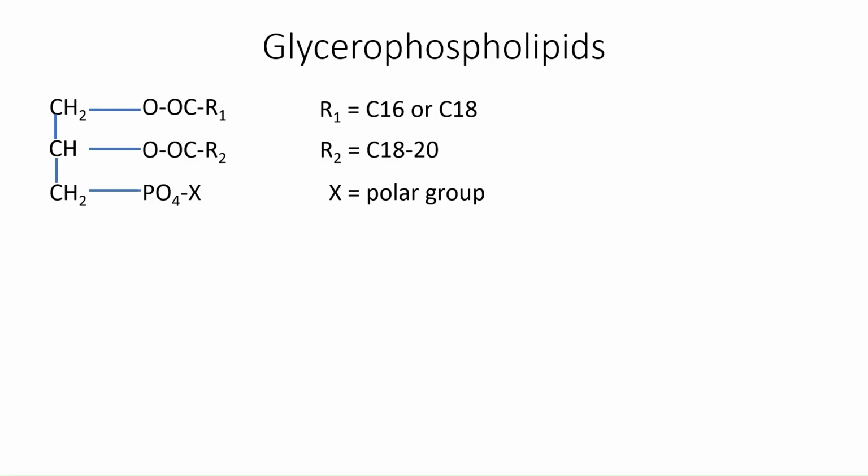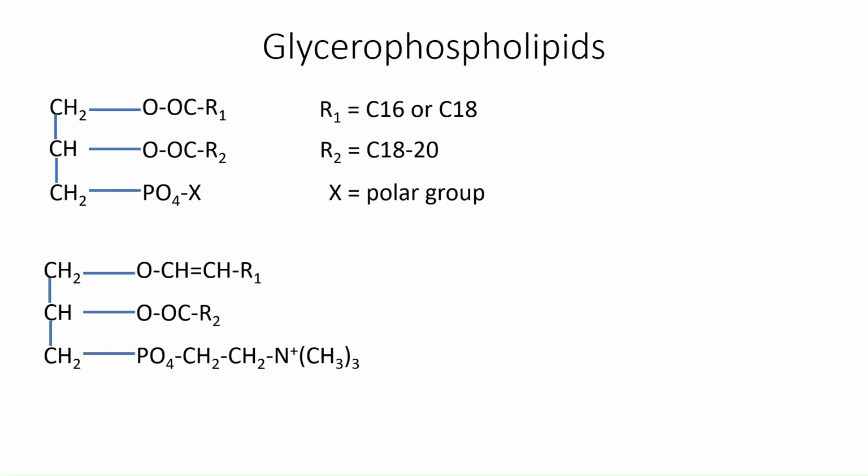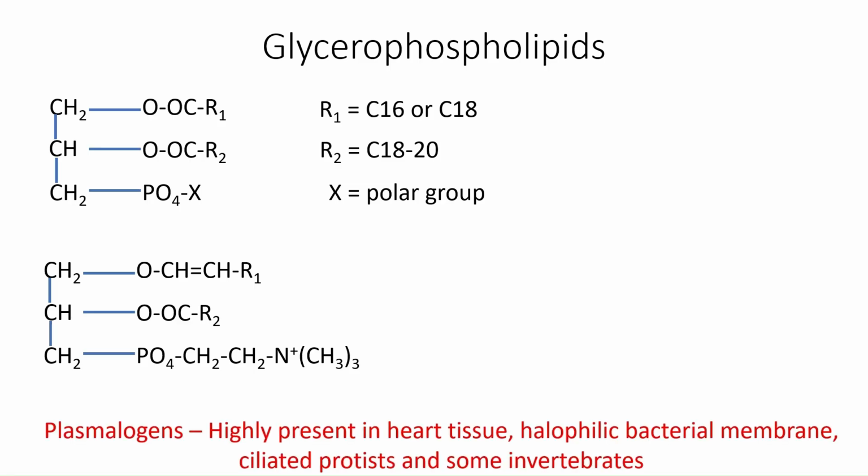Different polar groups will give rise to different phospholipids. And this is the structure of plasmalogens, where the polar group is choline, and the first alkyl chain contains a double bond. Plasmalogens are highly present in heart tissue, in the membranes of halophilic bacteria, ciliated protists, and some invertebrates.